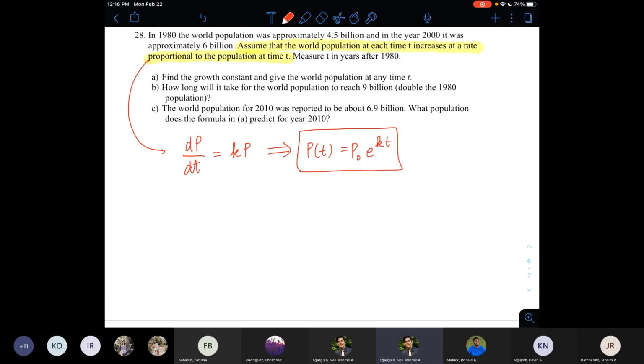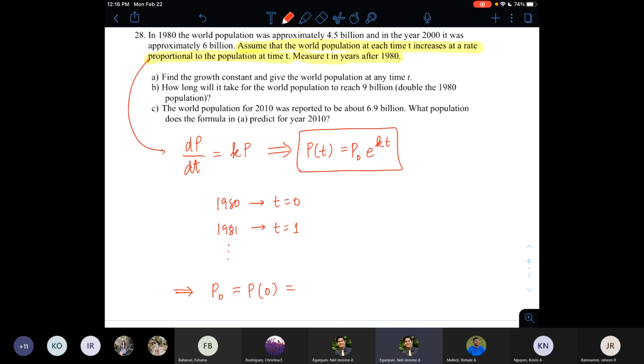Now, what's the other information here? We were told that we need to measure t in years after 1980. So that means the year 1980 would be our t equals 0. 1981 would be our t equals 1, and so on. That means p sub 0, the population at time 0, would be the population in 1980.